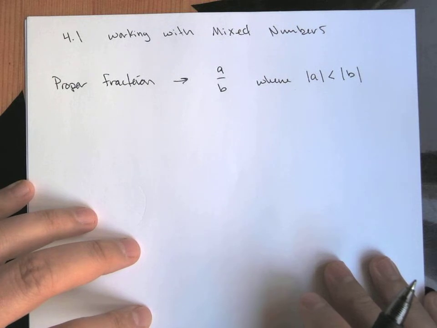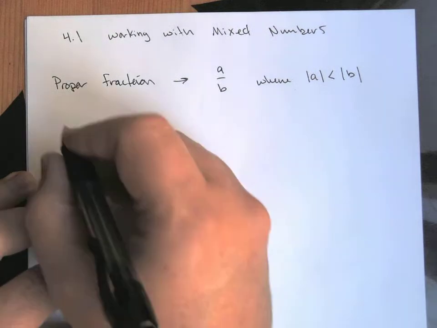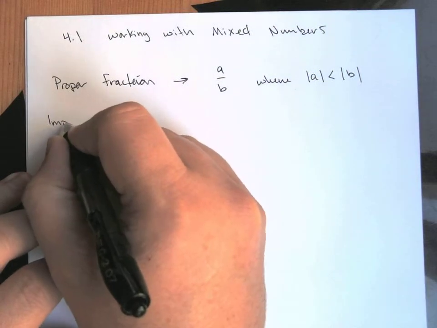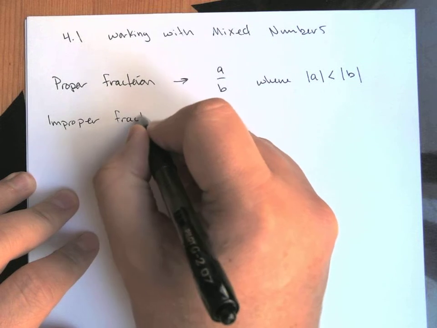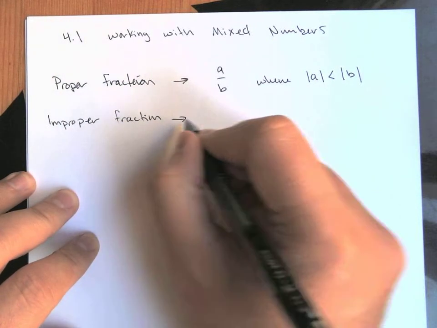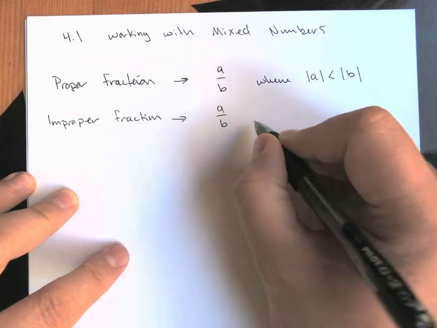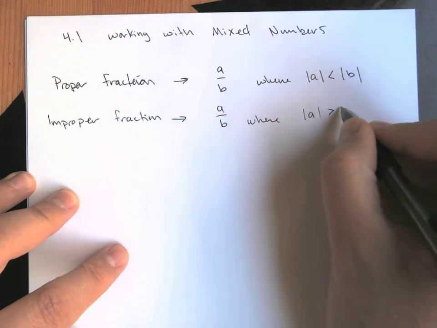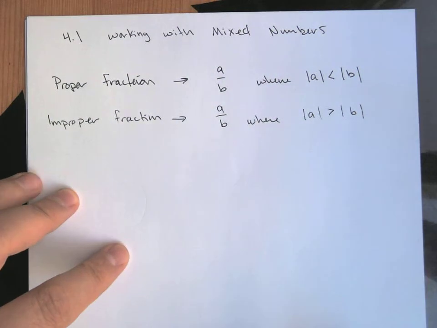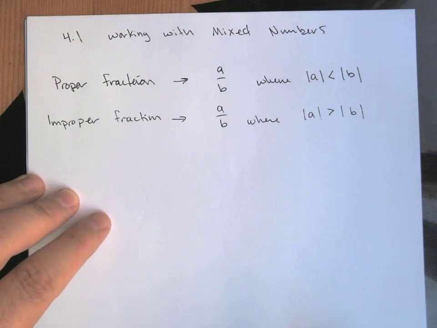And so that's technically what we would call a proper fraction, which would lead us to ask, if that's a proper fraction, what the heck is an improper fraction? An improper fraction is the same setup, except the value on top is larger than the value on the bottom. Your numerator is bigger.